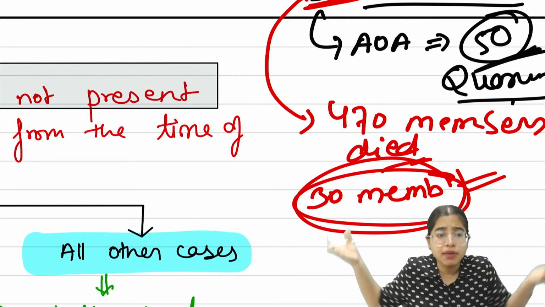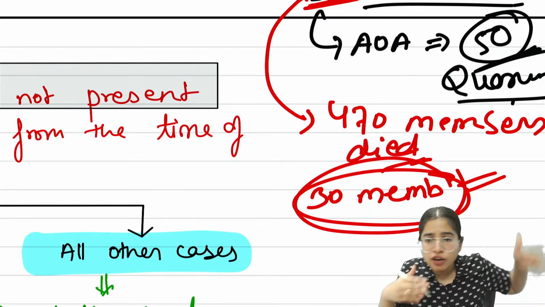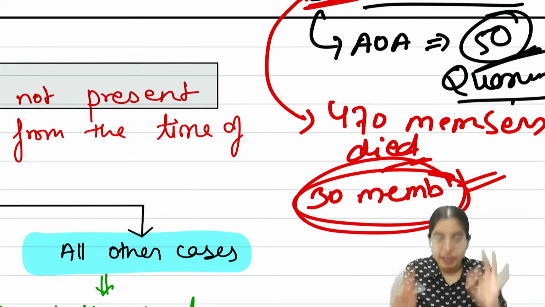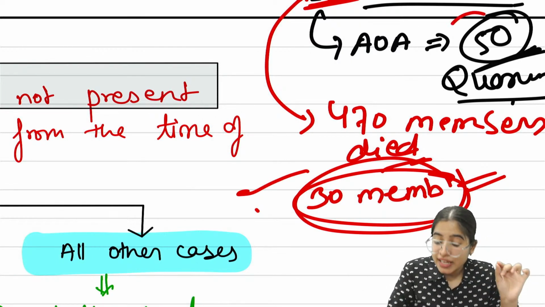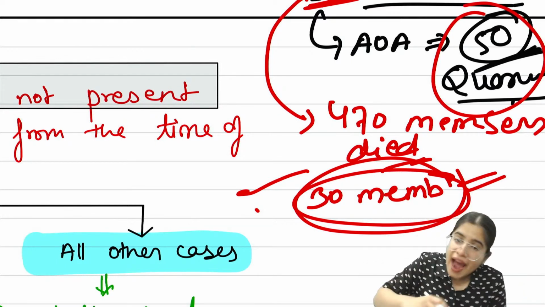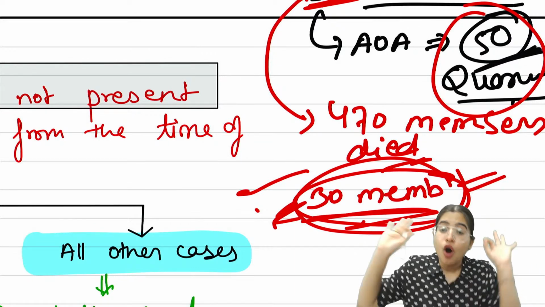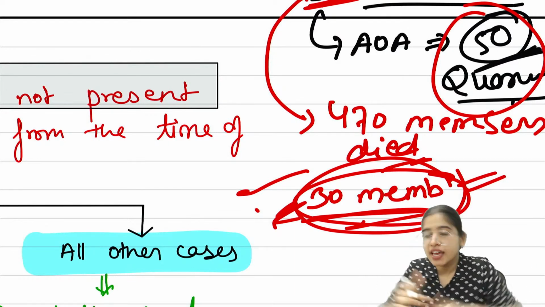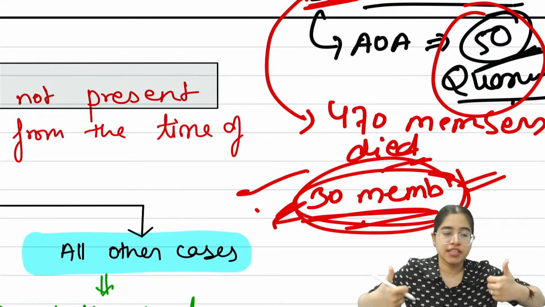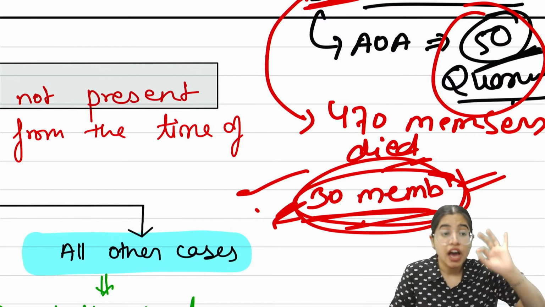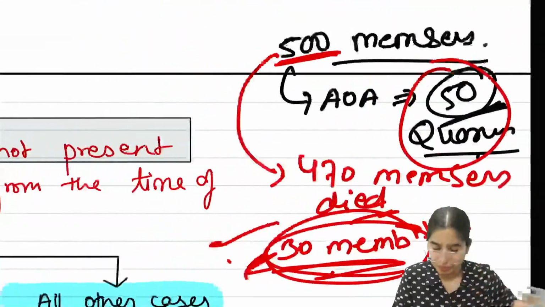There are not 50 members; how will we bring 50? I hope this point is crystal clear to you.